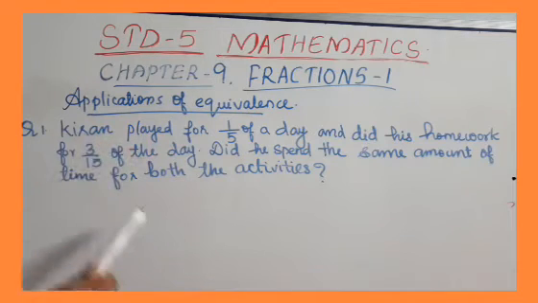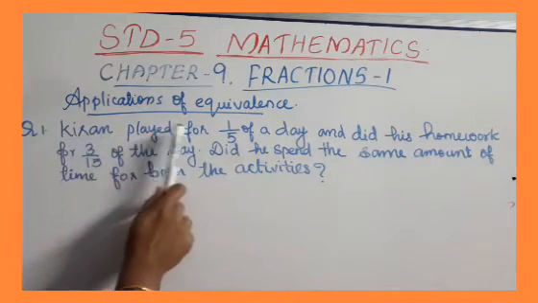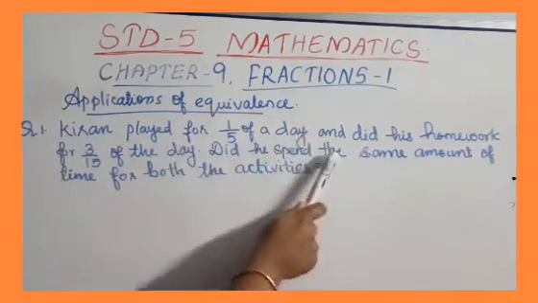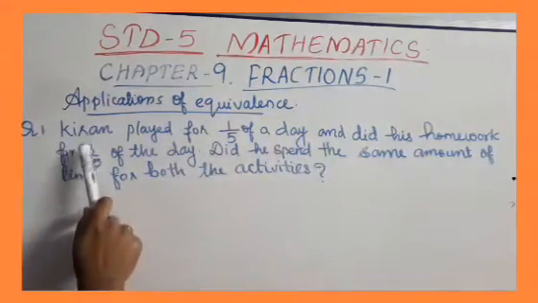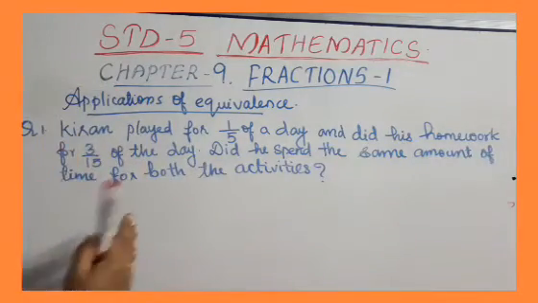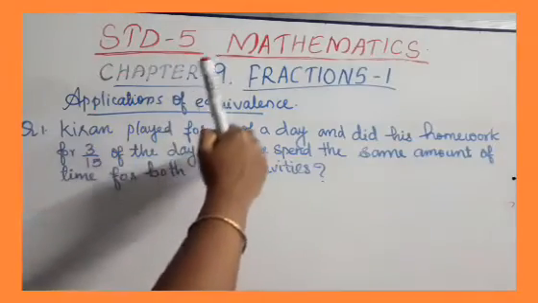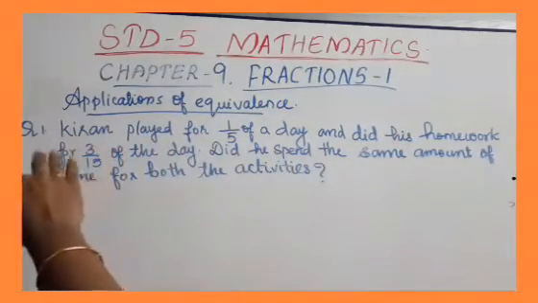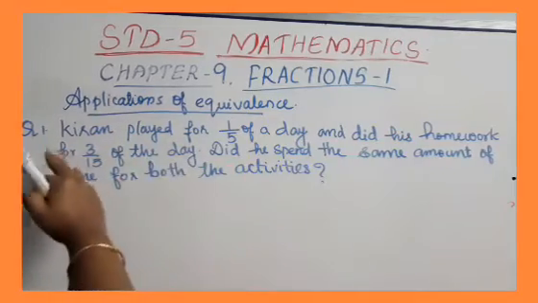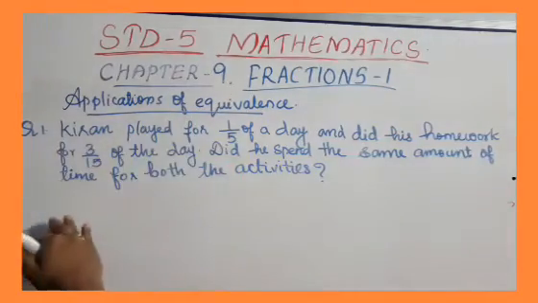Read the question once again. Kiran played for 1 by 5 of a day, and did his homework for 3 by 15 of a day. So two fractions are given here.